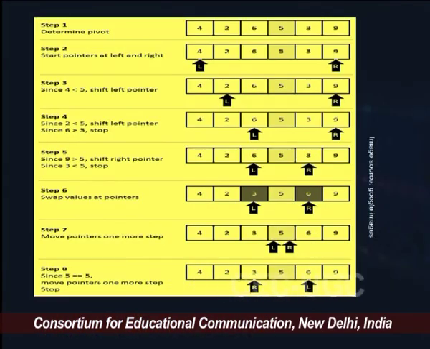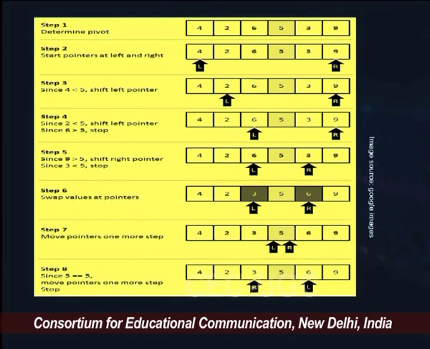So, here if you can see on the screen, first of all we have determined the pivot. Let us say we have taken the pivot as 5. The left pointer is on 4 and the right pointer is on 9. Both are fine.